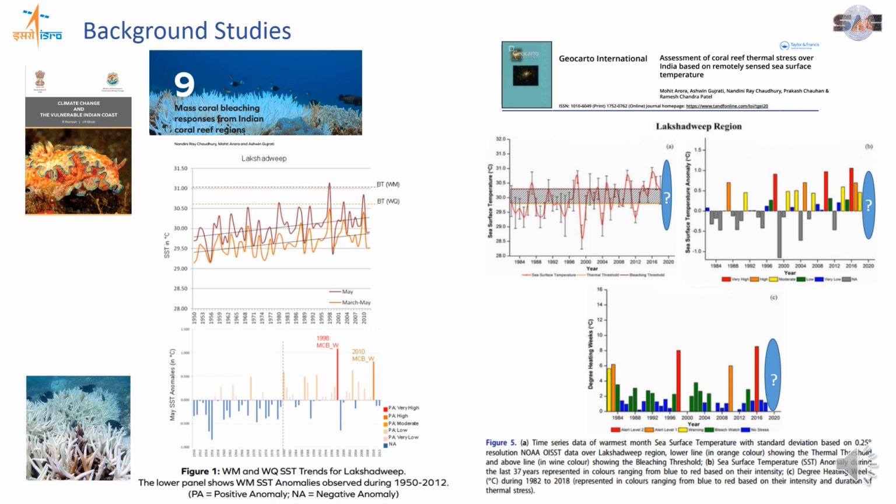So when we delved into the background studies while building up the models, what we found was that initially we had HadISST1 data, because of its long-term availability. For Lakshadweep, as a case example, the SST, whether for the warmest month or the warmest quarter, is showing a steady rise, like any other reef regions of India.